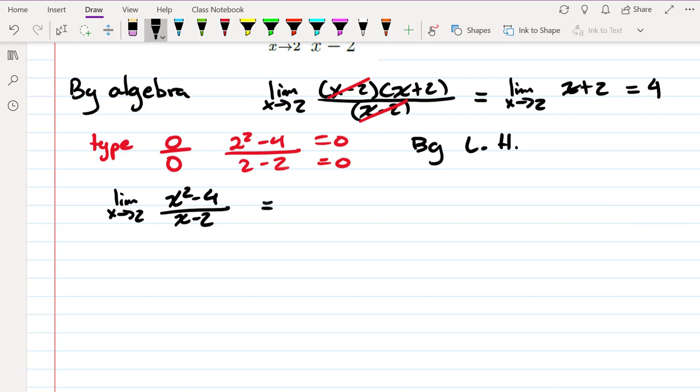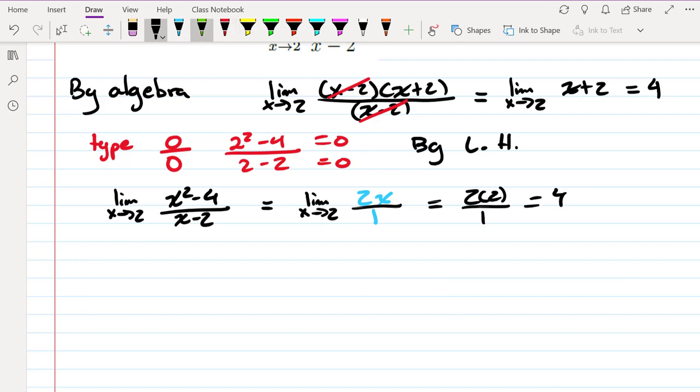is the same as the limit as x goes to 2 of the derivative of each of these. So the derivative of x squared minus 4 is 2x, and the derivative of x minus 2 is 1. This is now a continuous function, so by the evaluation theorem, I get 2 times 2 over 1, which equals 4.